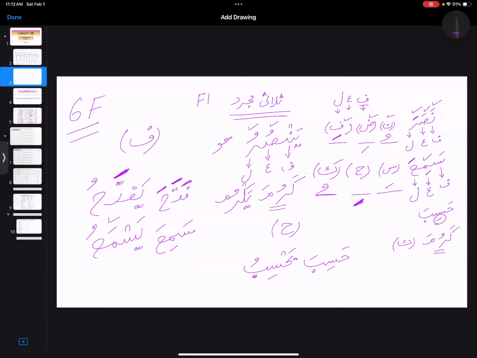So in both Madi and Mudariya it is taking a Dhamma. And this verb is not much used in Quran Pak. So mostly you should be worried about Nasara, Daraba, and Fataha. These are mostly used verbs, or babs, I should say.